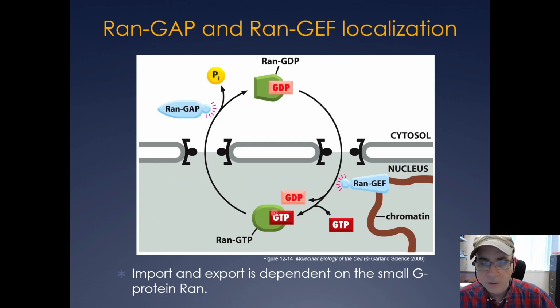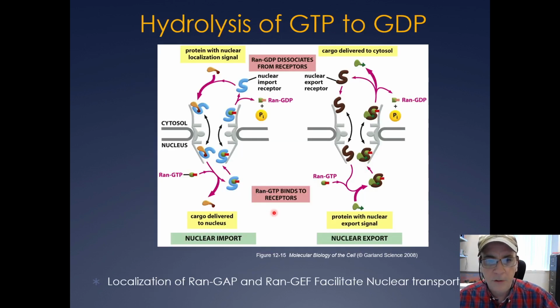Okay, and this is really a key point that I want you guys to all know, because here's basically how it works. In the case with nuclear import, what you're going to have is your nuclear import receptor. That's going to bind some cargo, and that's going to bring it into the nucleus. And then you'll have an abundance of RAN GTP in the nucleus because that's where the RAN GEF is. And the RAN GEF will basically bind to the nuclear import receptor and release the cargo that was there into the nucleus.